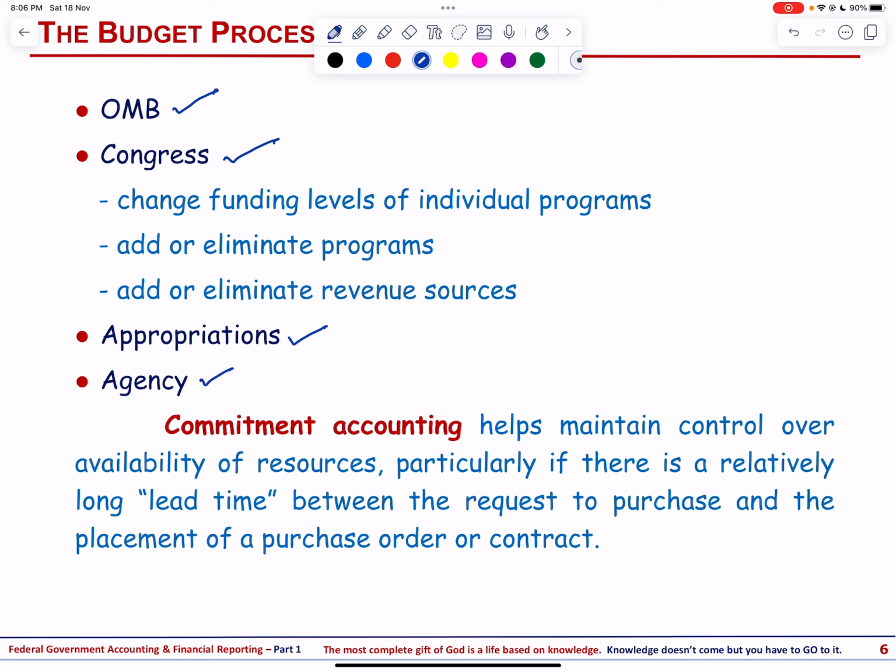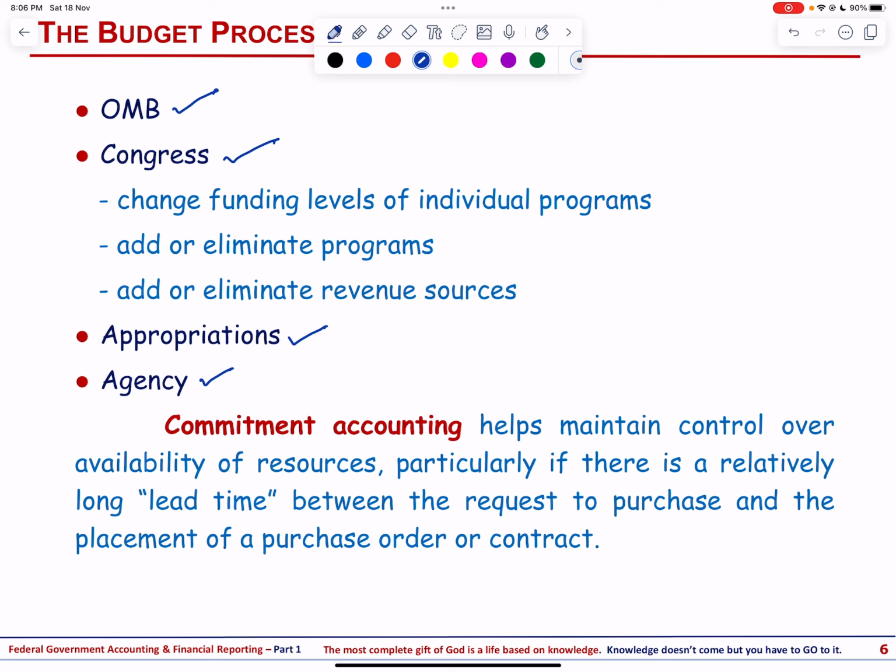I would also like to add that the approval of appropriation does not give an agency the immediate authority to spend. The agency has to go through several processes. These processes help to prevent agencies from obligating or spending more than their appropriations.